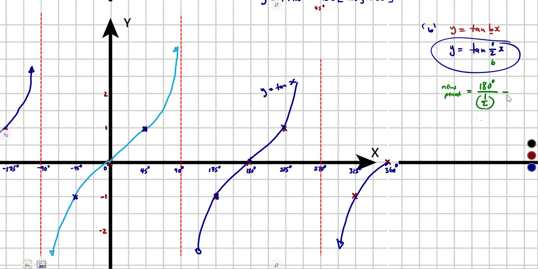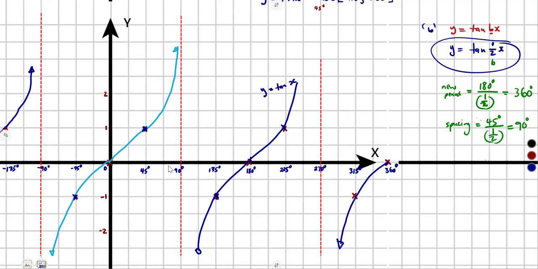So 180 divided by a half is going to give us 360 degrees. It completes its cycle in 360 degrees. And its spacing is going to change from the old spacing of 45 degrees. We divide by 1/2, and that gives us 90 degrees.